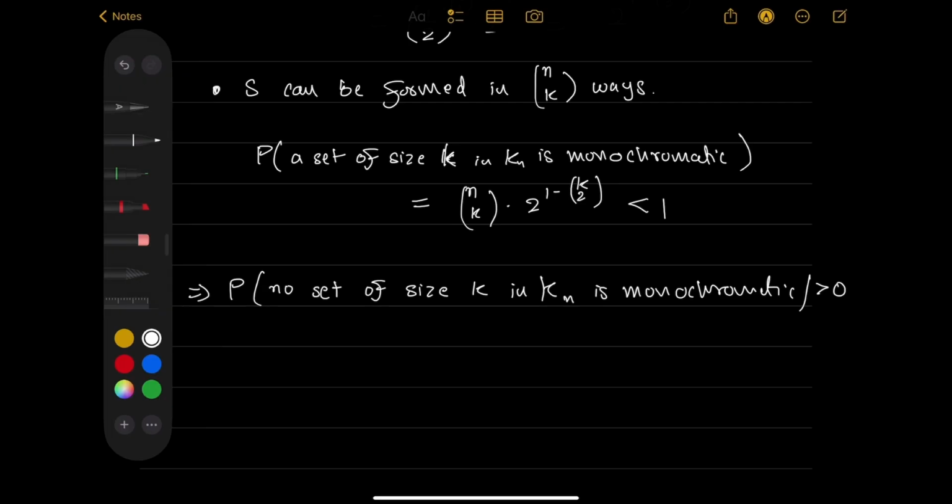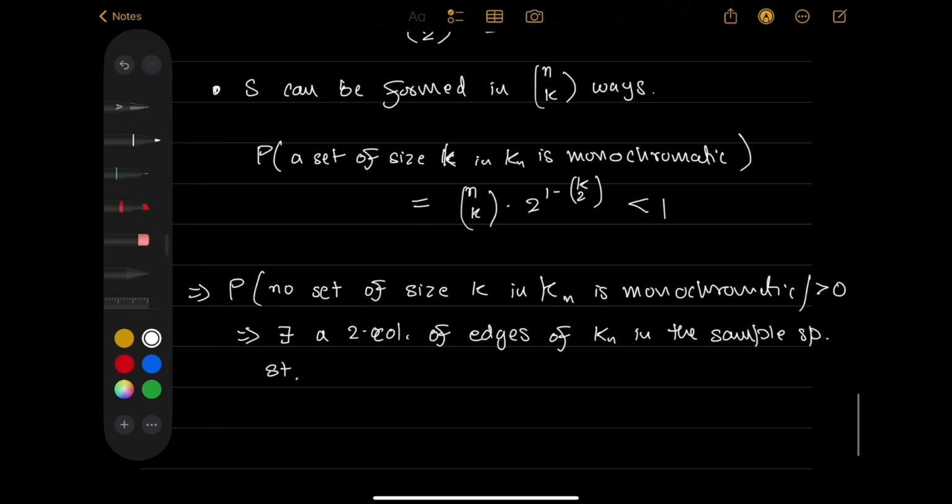So this implies there exists a 2-coloring of the edges of Kn in the sample space such that there is no red Kk and no blue Kk.